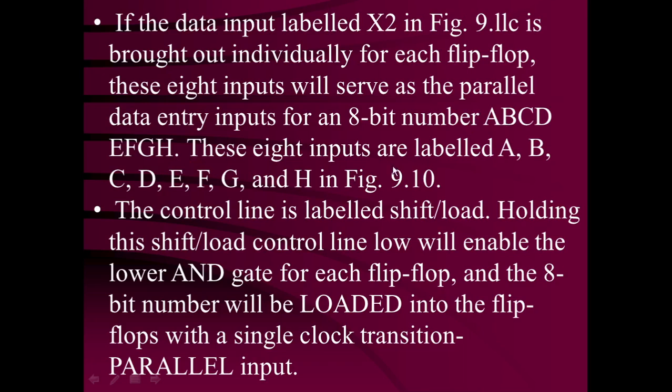These 8 inputs are labeled A, B, C, D, E, F, G and H in figure 9.10. The control line is labeled shift load control. Holding this shift load control line low will enable the lower AND gates for each flip-flop. An 8-bit number will be loaded into the flip-flops with a single clock transition, which is known as parallel data entry.